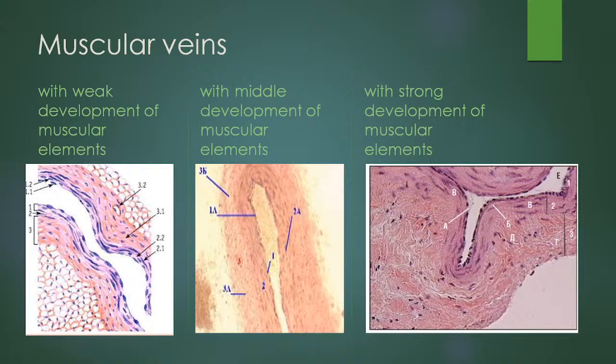And you can see the endothelial layer, subendothelial layer, Tunica Media, a very thick layer, and Tunica Adventitia.